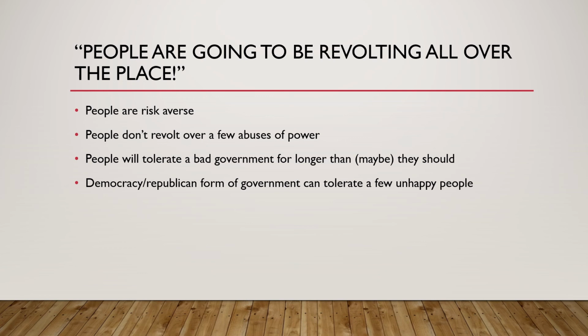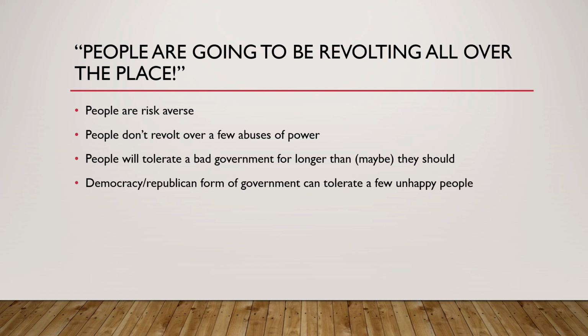So if there's 5% of the population that doesn't want to pay its taxes, or 5% of the people who refuse to stop at stop signs or something like that, the system of government can actually tolerate that, because it's very difficult for those people to spark a revolution. If most people are relatively happy participating in elections and changing the government through the electoral process, it's very difficult for a few people to screw things up for everybody else.